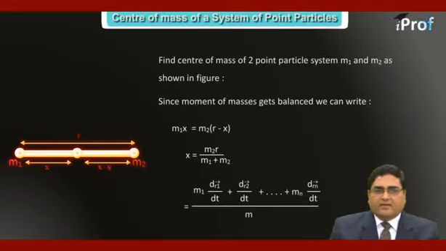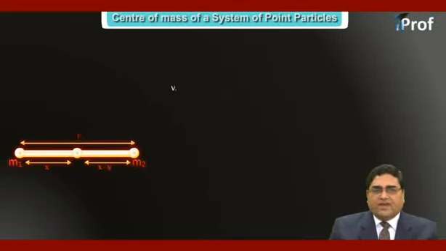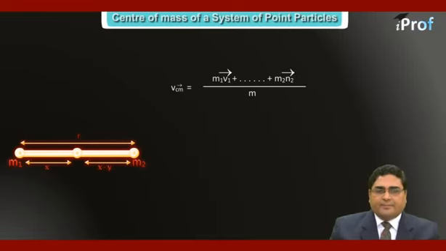So what do we get for V_CM? V_CM vector equals M1 V1 vector plus M2 V2 vector plus dot dot plus Mn Vn vector divided by total M, where V1, V2, V3 dot dot Vn are the velocities of the individual particles comprising the system, and V_CM is the velocity of the center of mass.